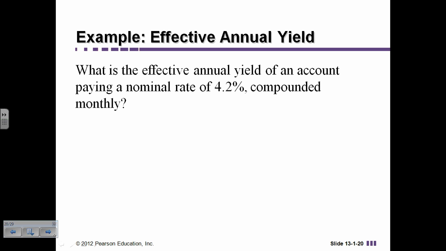So here's an example. What is the effective annual yield of an account paying a nominal rate of 4.2% compounded monthly? If we plug all this information in, R is 0.042, and M, since it's compounded monthly, is 12. So we're going to plug all that information into our formula.